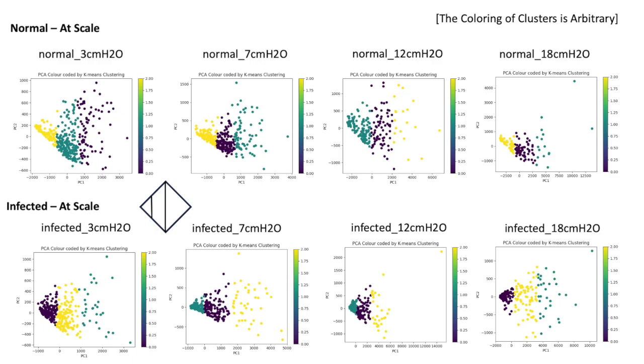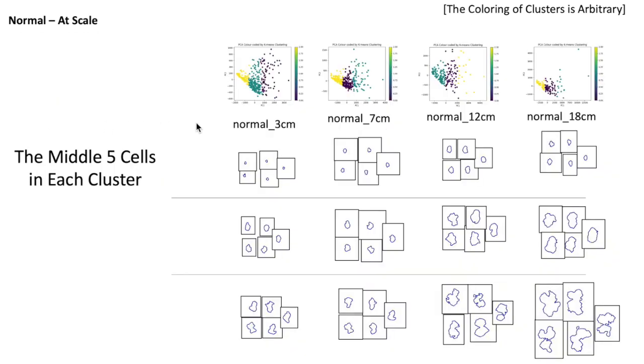Since we don't have any clinical data that goes along with these images, all we have is the shape of the cells. So when we do that, here we extracted the middle 5 cells of each cluster. And as you can see, here, this is the normal lungs, going left to right, increasing pressure, that there are 3 categories of shapes.